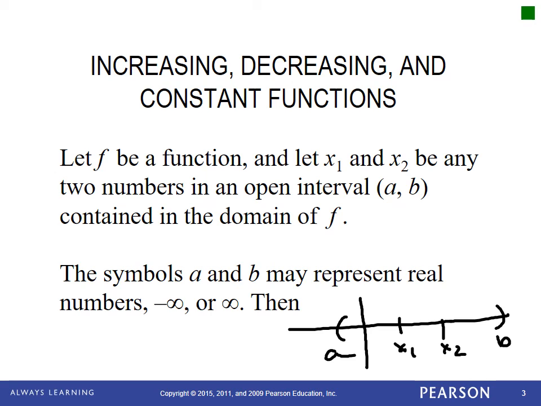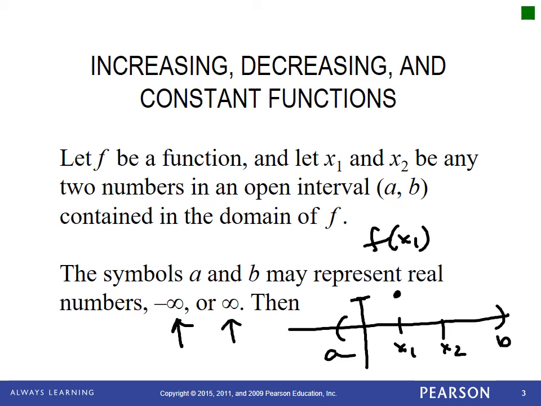Now the symbols a and b represent real numbers, or negative infinity or positive infinity. So a could represent negative infinity and b could represent positive infinity, depending on what we're talking about. So if I say f of x sub 1, let's say this dot is over here, that is talking about the y value of that dot right there.